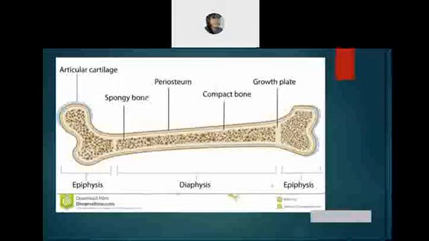Epiphysis, where does it lie? It lies in both the two ends of your bone. This part is known as epiphysis. The middle part is known as diaphysis, and both the two ends are known as epiphysis.